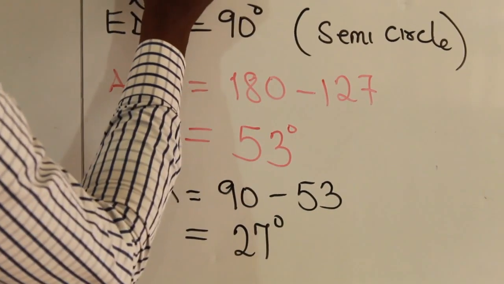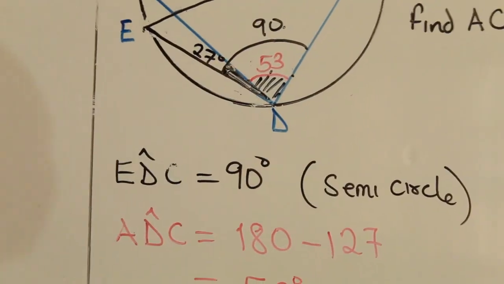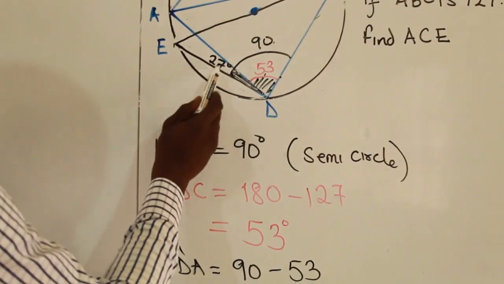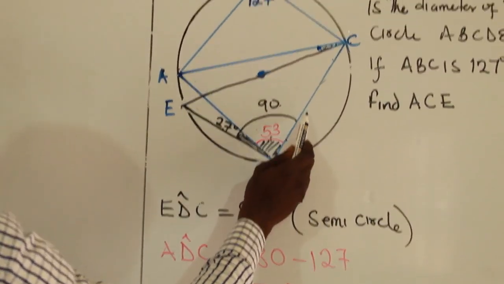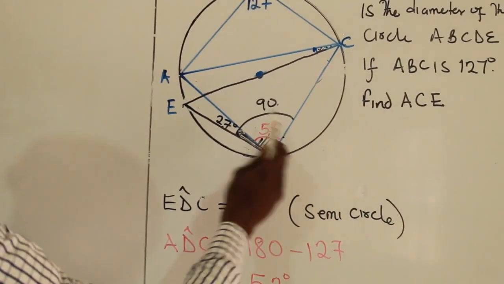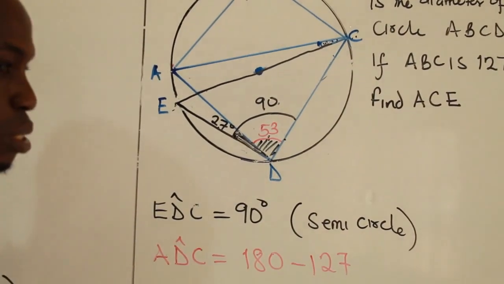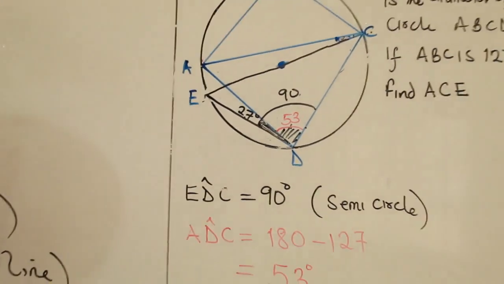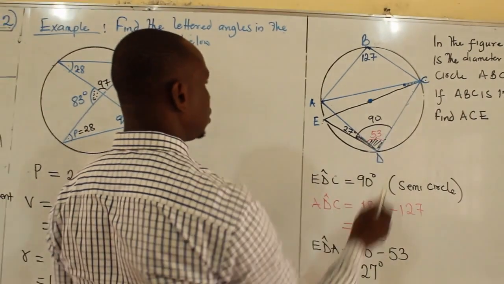So this part painted has now been found to be 27 degrees. And 27 plus 53 will give the entire 90, which was gotten from the fact that EC was a diameter.